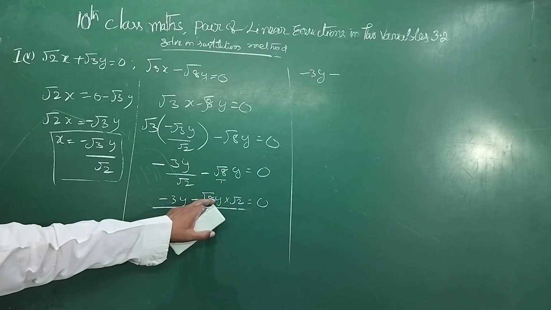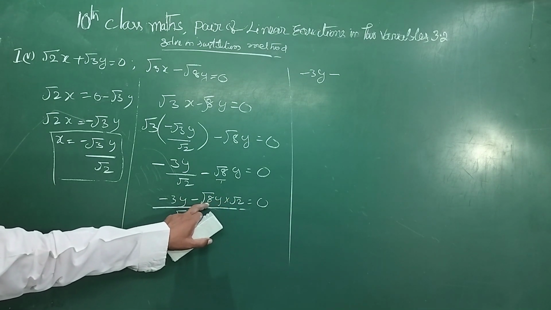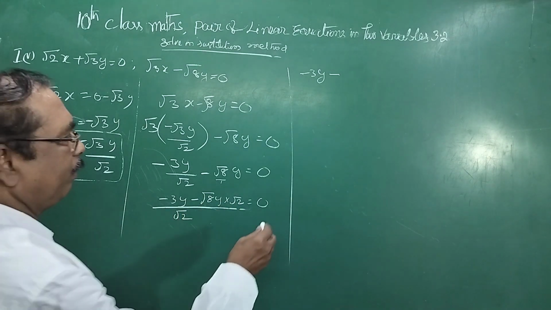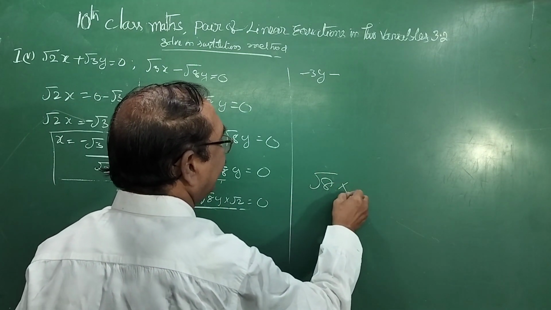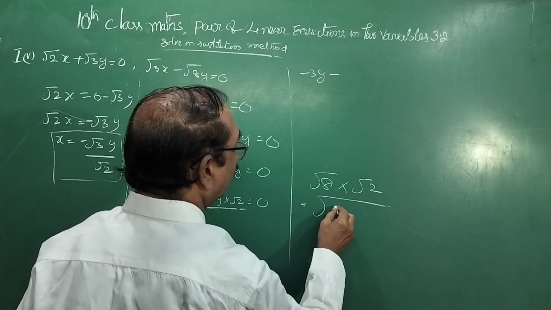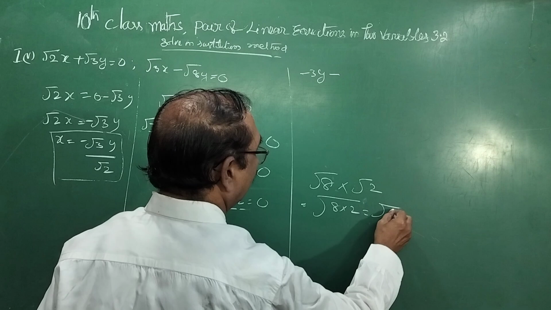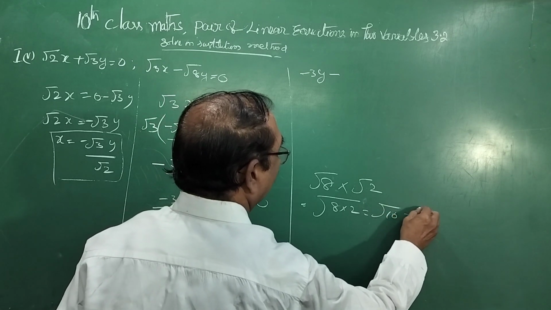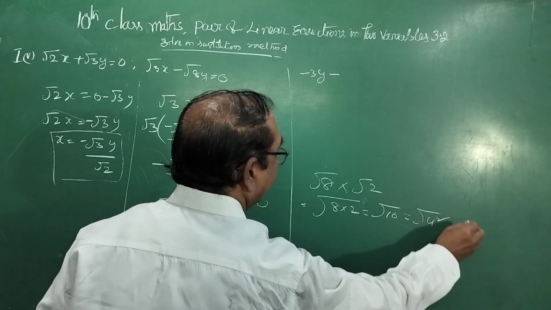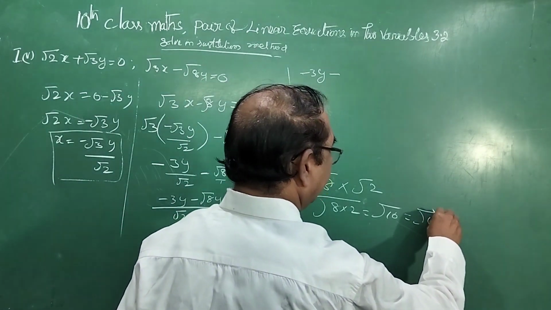First of all, root 8 and root 2. Y is not under the root, so root 8 and root 2 we have to multiply. Root 8 into root 2 can be written as root of 8 into 2, that is equal to root 16. Root 16 can be written as root of 4 squared.